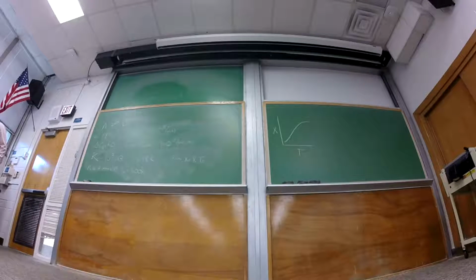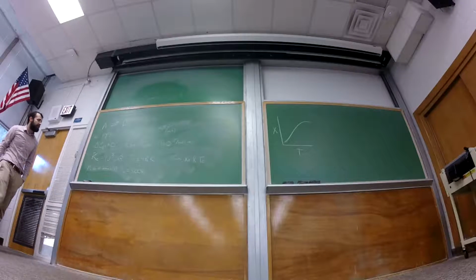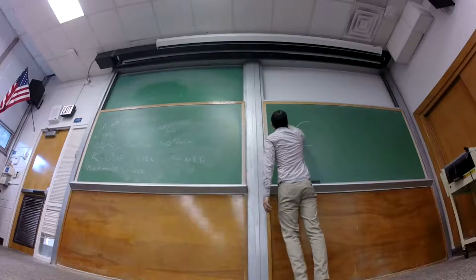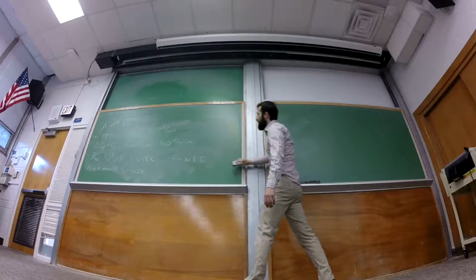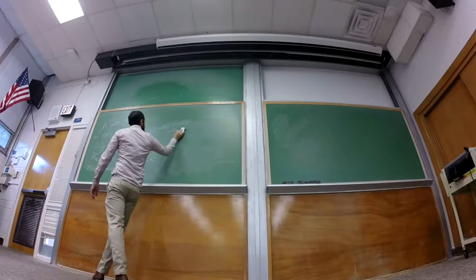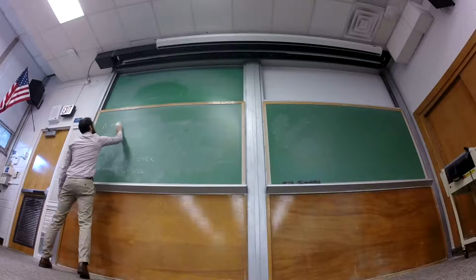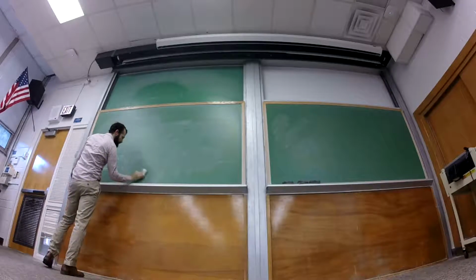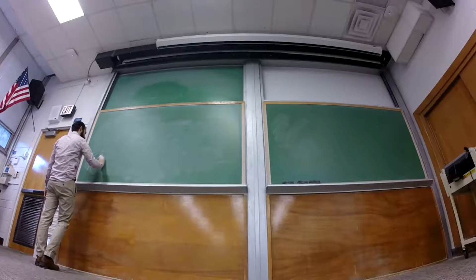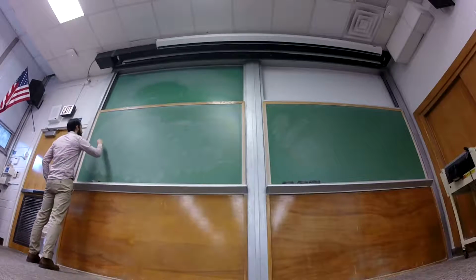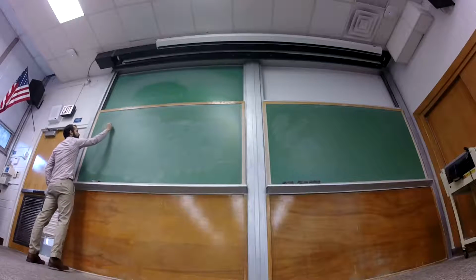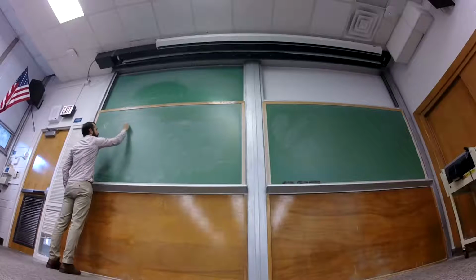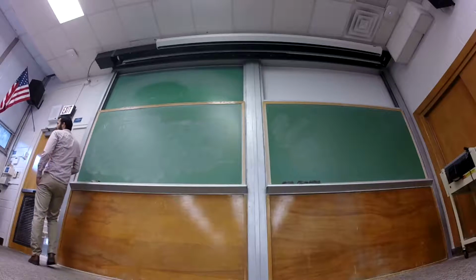All right, so last time we derived an equation for the equilibrium conversion as a function of the equilibrium constant. Everybody remember that?